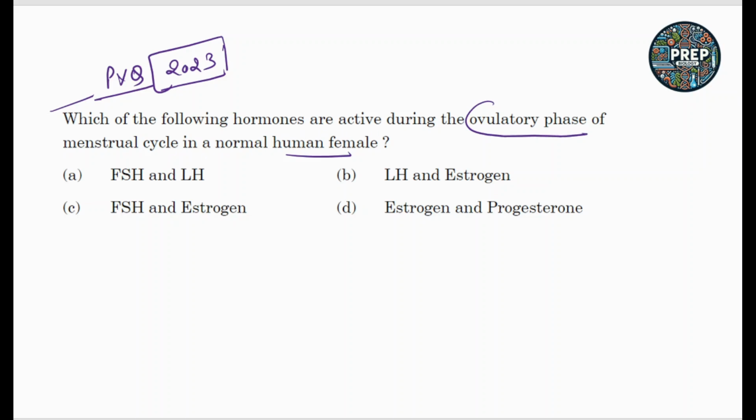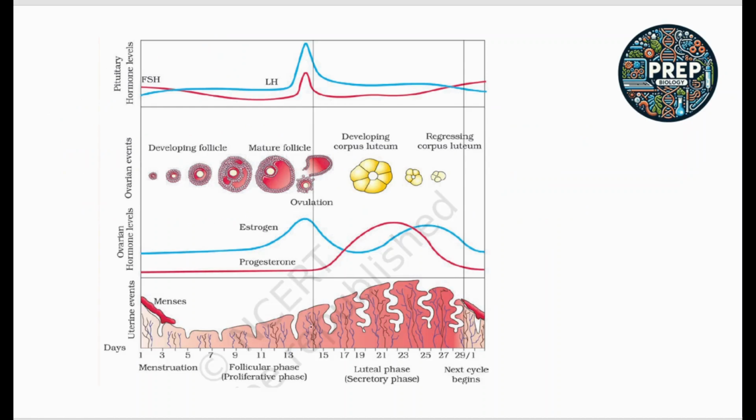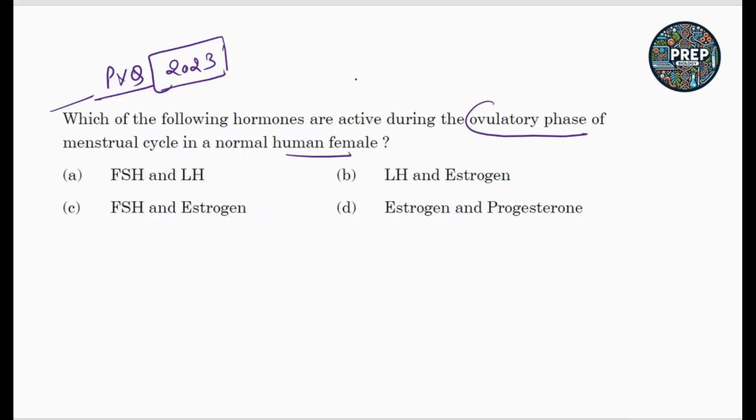So at the ovulatory phase, this is the phase where the ovulation occurs, which hormone is mostly active. At the pituitary level, the luteinizing hormone LH, and at the ovarian level, we have the estrogen. The answer is LH and estrogen.